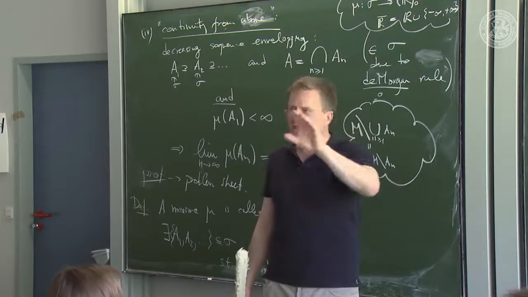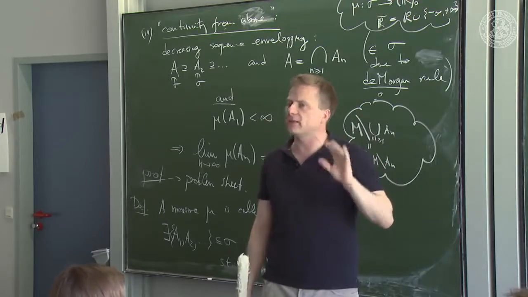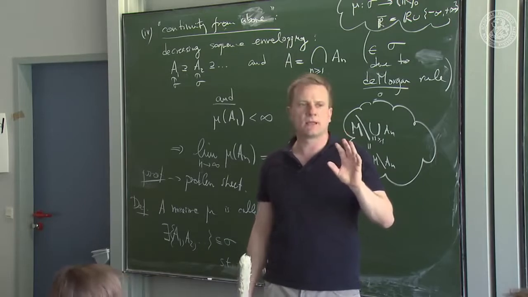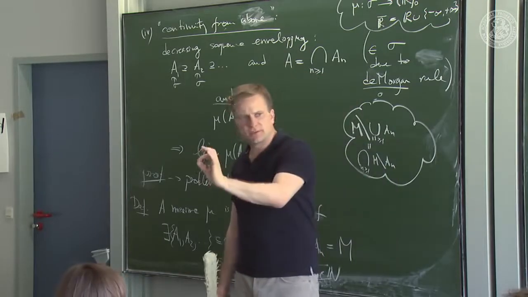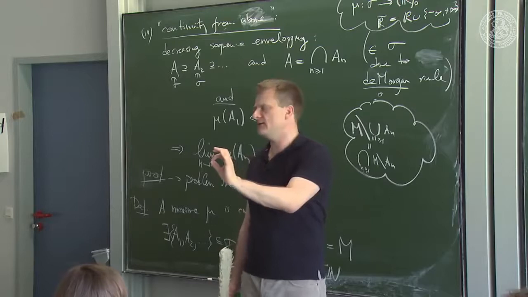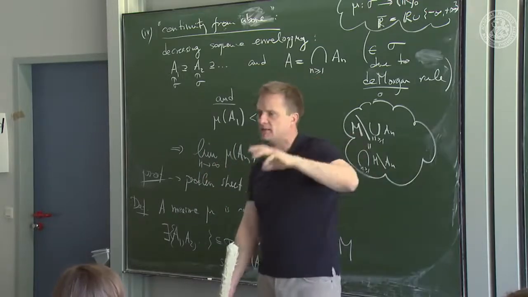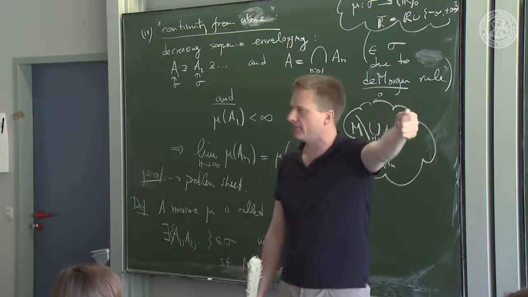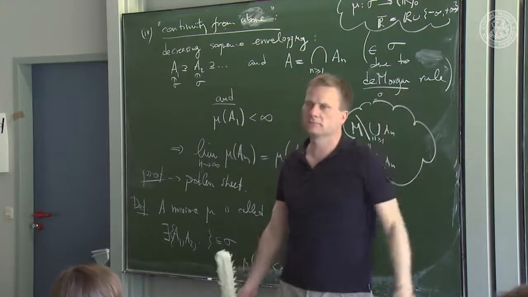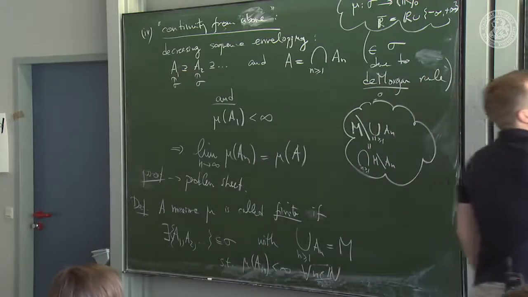Well, once you've chosen these sets that are distinguished in this way, that constitute a sigma algebra, you may now choose on this measurable space a map mu, which actually takes each such distinguished set and assigns it a number. Okay? So far, that's it.